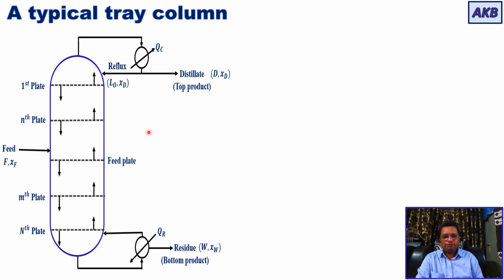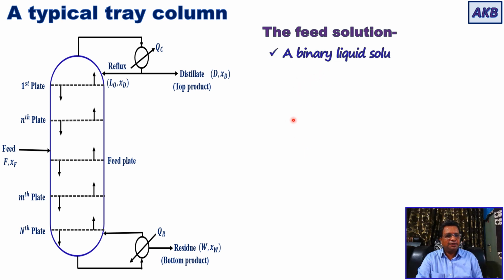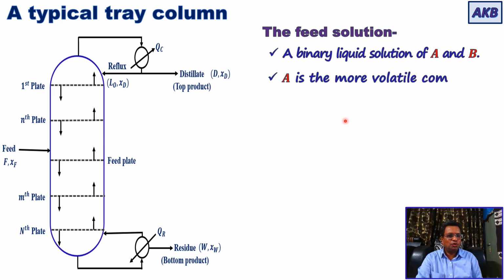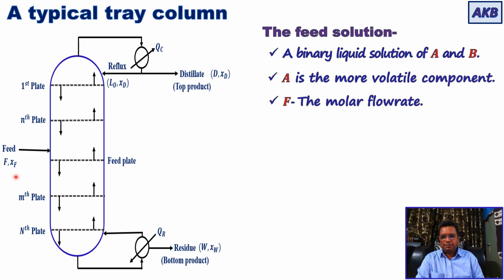So I have taken the schematic. The feed solution, again as I said, is a binary liquid solution of components A and B. A is the more volatile component. F is the molar flow rate of feed.